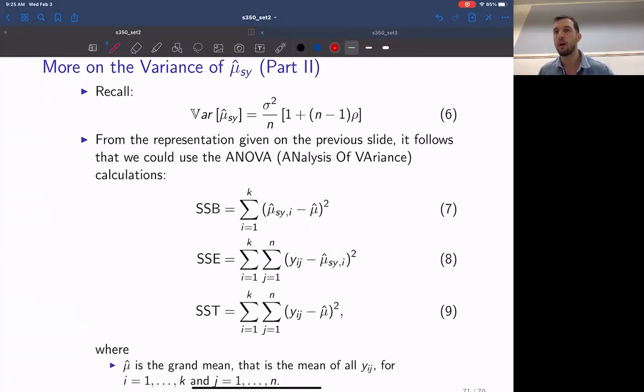So the SRS estimator that we use when conducting systematic sampling is closest to the true variation estimate when we have a random population.